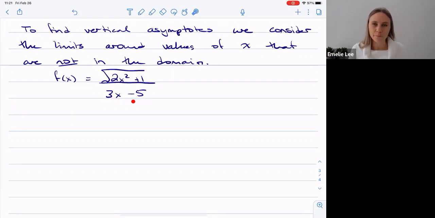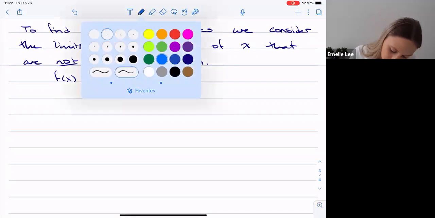That's kind of like a blanket restriction, but also we can't divide by 0. So this is the one that we're interested in because it's going to be at a point. And 2x squared plus 1, well, it has to be greater than or equal to 0. 2x squared is always going to be positive, and so there's no harm here. 2 times a positive plus 1 is always going to be positive. So there's no restrictions on the domain here.